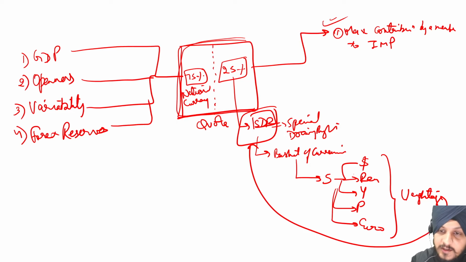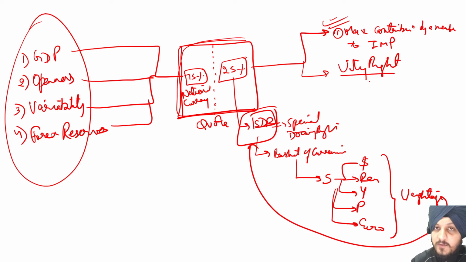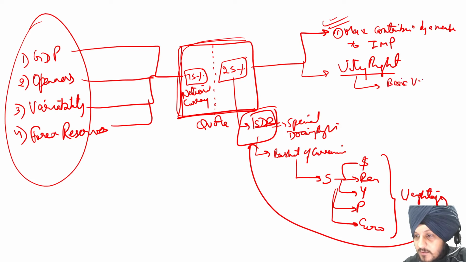And this quota determines the maximum contribution a country can make, depending on these four factors. Now the second thing that is determined through quota is the voting rights. If a country has a higher quota, if it has given more financial resources to the IMF, then that country has more voting rights. The voting rights can be divided into basic voting rights and additional voting rights.